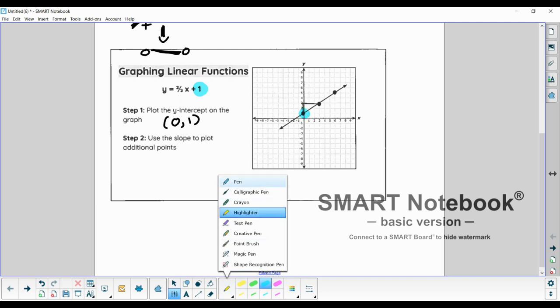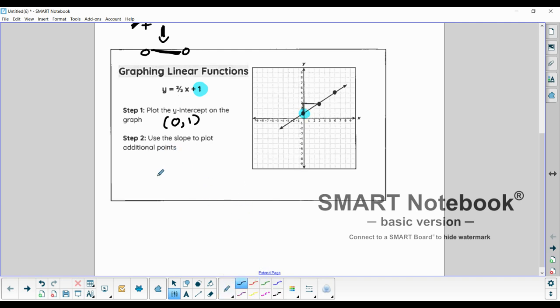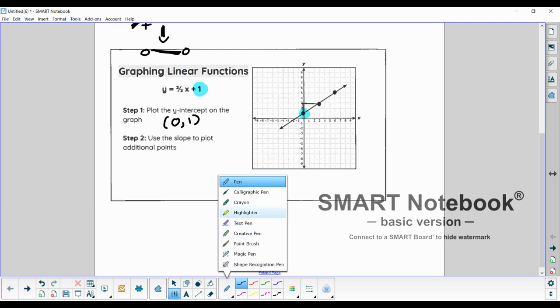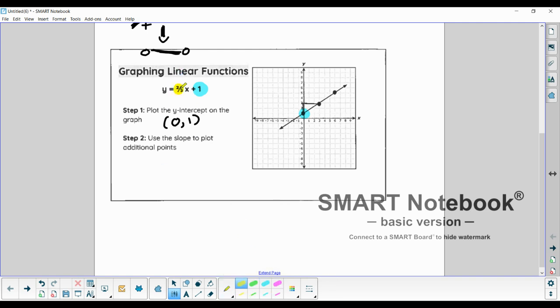Then you'll use the slope to plot additional points. My slope is 2/3. 2 is how many I will rise, and 3 is how many I will run from this original point. So you can see on this graph, I went up 2 boxes and over 3.